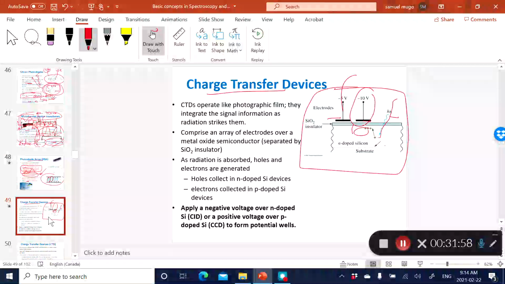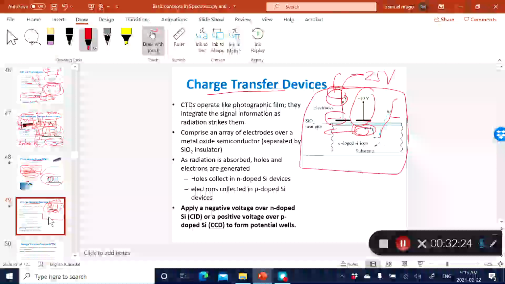diode. Okay. Now, of course, I can move these holes to the next electrode that is printed on the surface of that diode, just by switching the voltage. If I increase this voltage, for example, to minus 25 V, these holes are gonna very quickly move to the next electrode that is printed.